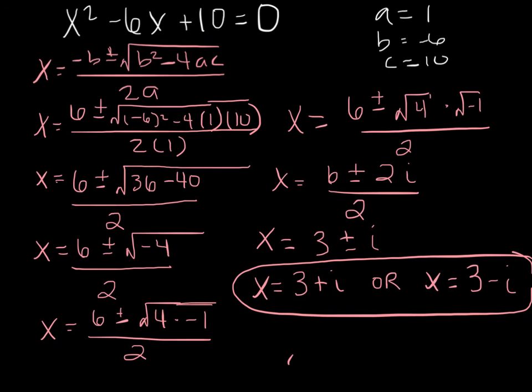So what this looks like graphically, let's go ahead and show you that, give you a full spectrum picture. Okay, so when we're looking at a graph and we have no real solutions. So you remember when we had our 3 graphs and we had the little picture, there was one that was touching the x-axis once, one that crossed it twice, and then one that had no real solutions, where the parabola never crossed the x-axis.